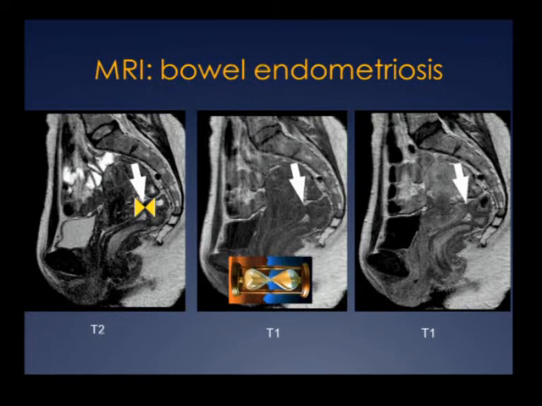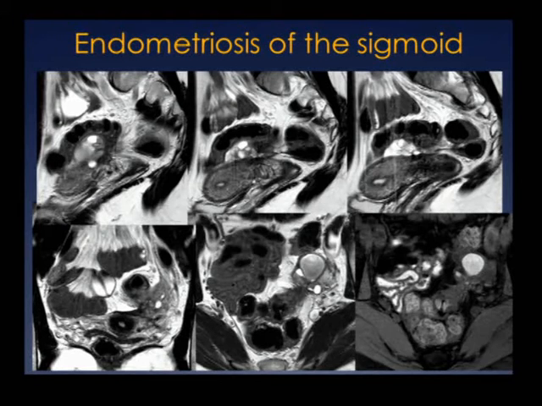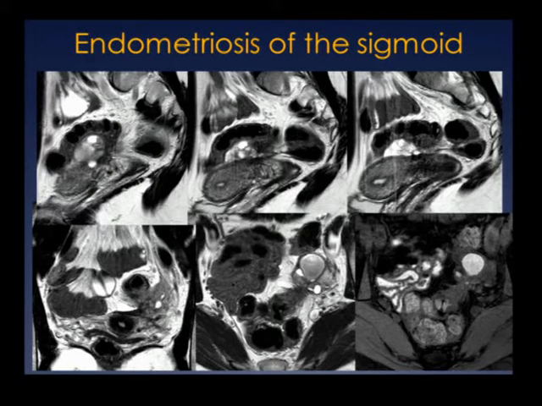And bowel endometriosis has a typical sign of double nodule. It's the hourglass sign, we call it by this name. Other authors call it a very simple sign to visualize. And this is also in the sigmoid, where there is involvement of the bowel in several planes.